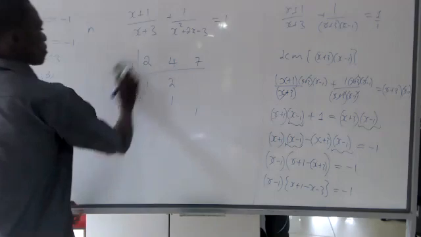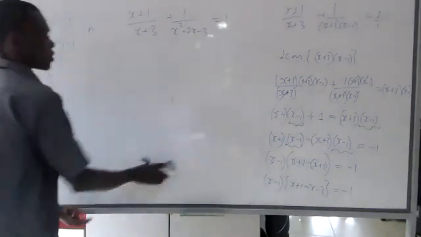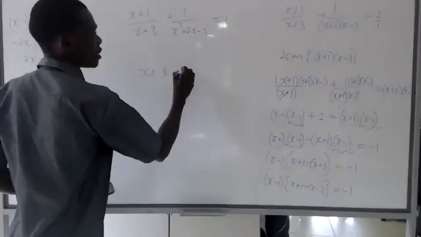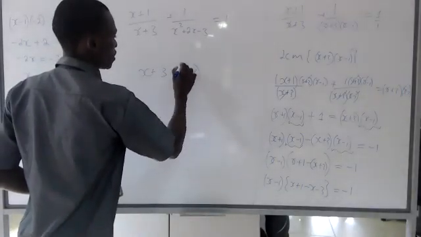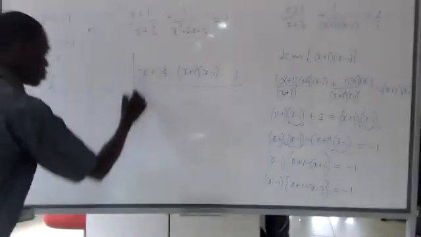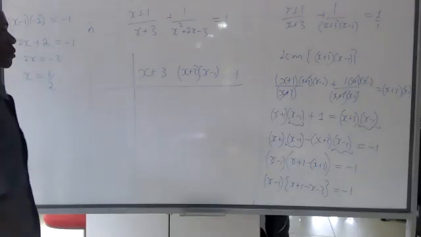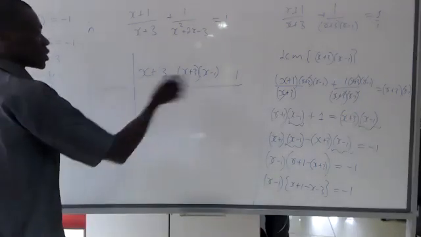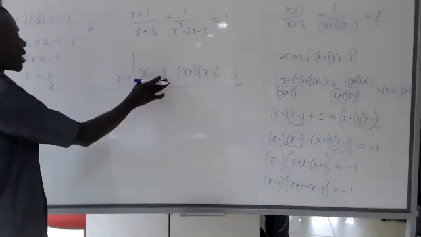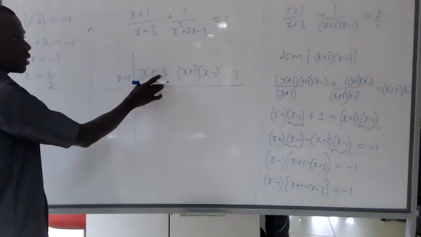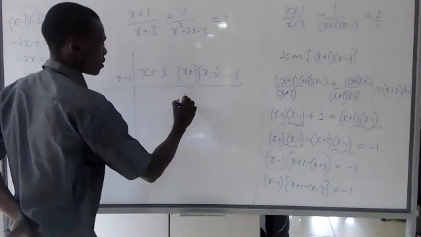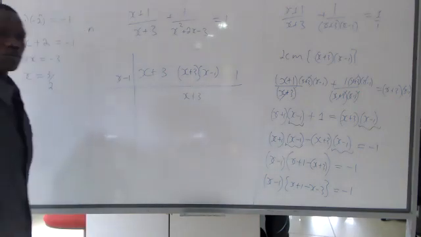We do the same for these expressions. So we are looking for the LCM of x plus 3, then x plus 3 times x minus 1, and 1. The procedure of finding the LCM is the same. Start with the smallest common factor, for example, x minus 1. x minus 1 does not divide x plus 3, okay? But x minus 1 divides this middle term, and you get x plus 3.